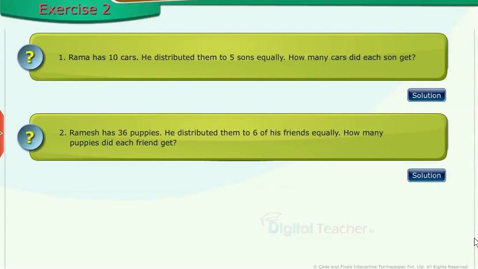Let us take simple exercise problems to understand the concept of division. Click on Solution for your reference.